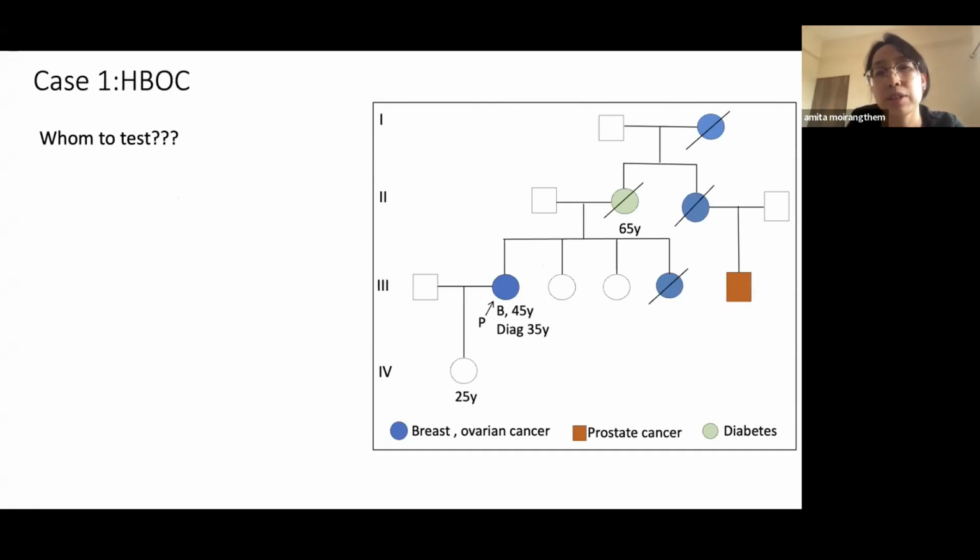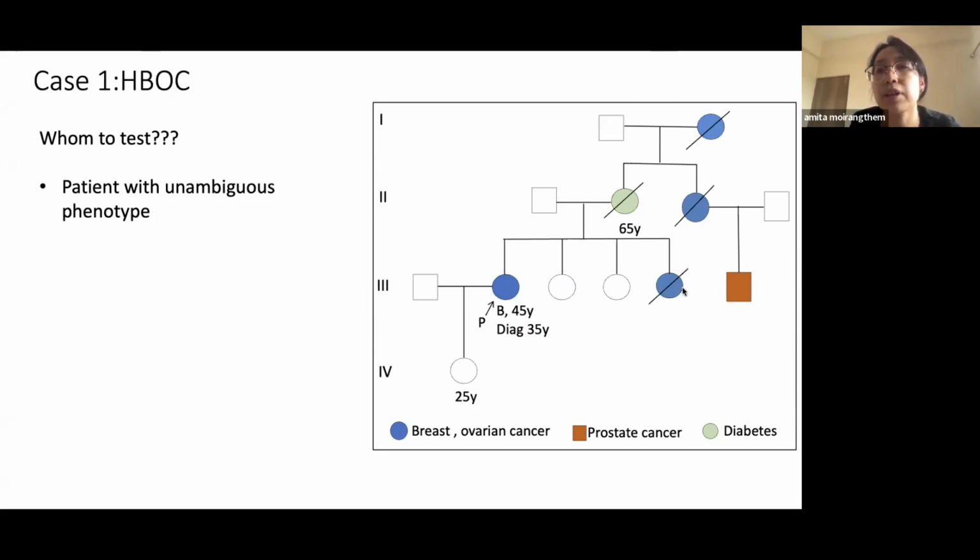So the next question is, whom should we test in this family? When we have a family with such a presentation, or for any genetic disease in general, we should always test the patient who has an unambiguous phenotype. That means we are very sure that this particular individual has the disease.